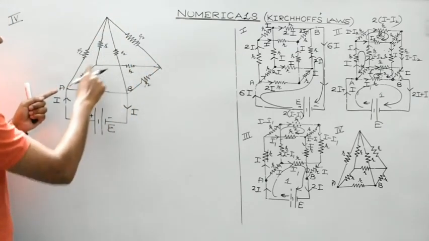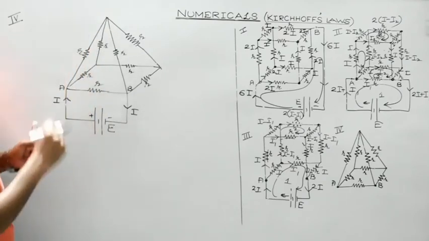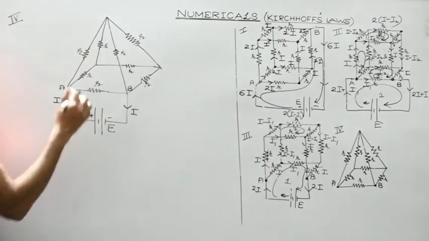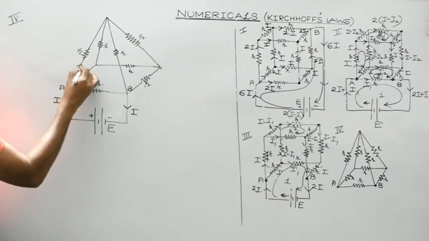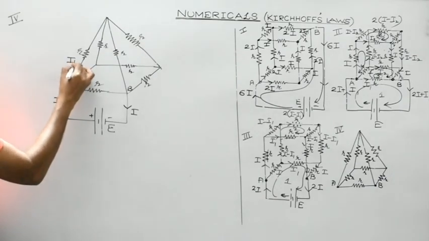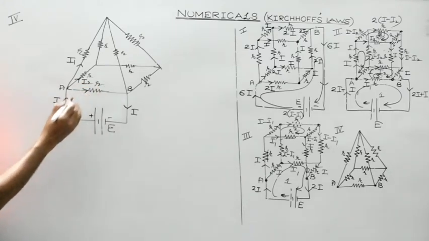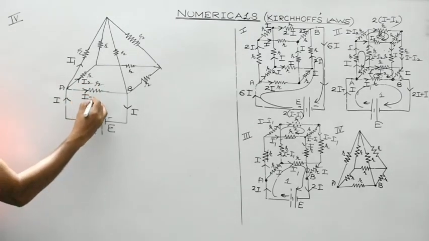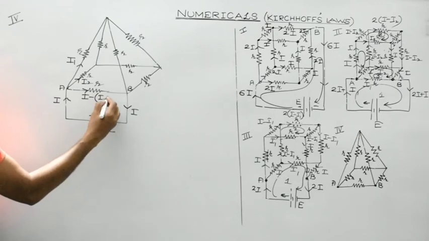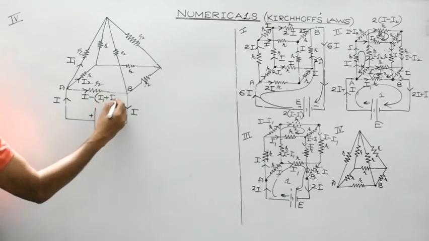So current will be different across different branches, isn't it? So in case we consider the current flowing over here is I1, flowing through this branch is I2, then the current across this branch would be I minus I1 plus I2.